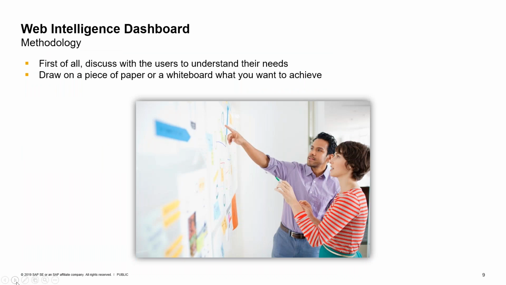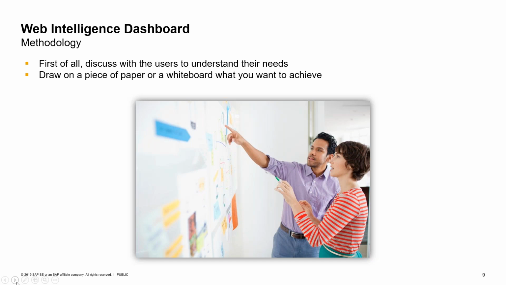First of all, you need to talk to your end user to understand exactly what they want to see in that dashboard, what sort of information they want to interact with, and then simply draw on a piece of paper or on a whiteboard the basic layout of that dashboard, so that the user will see the information they need, where they want to see that information, each block, and the size of each block.